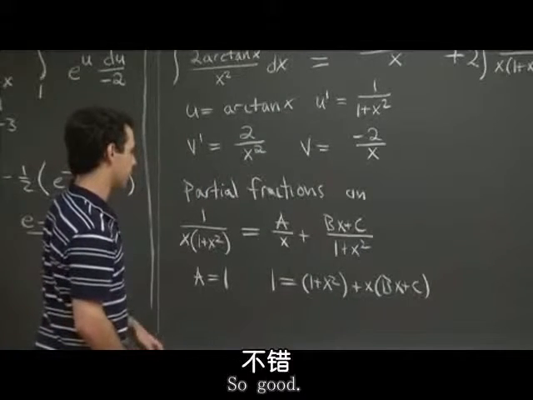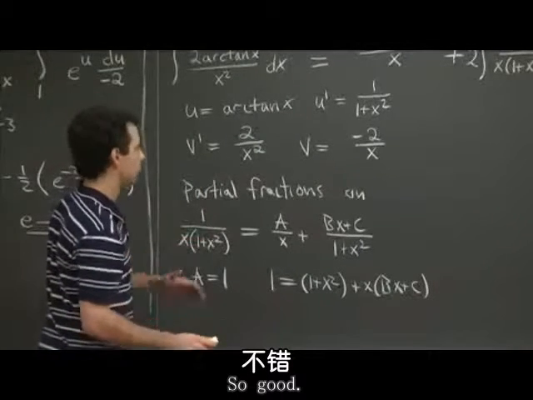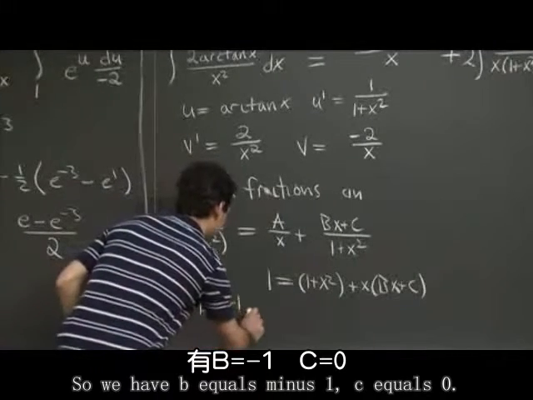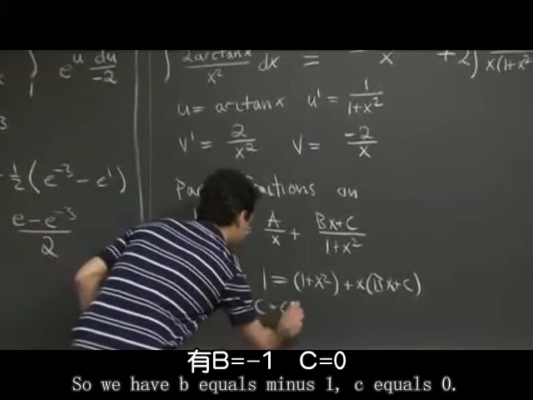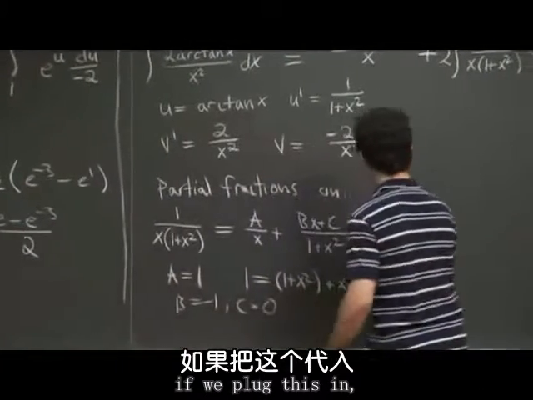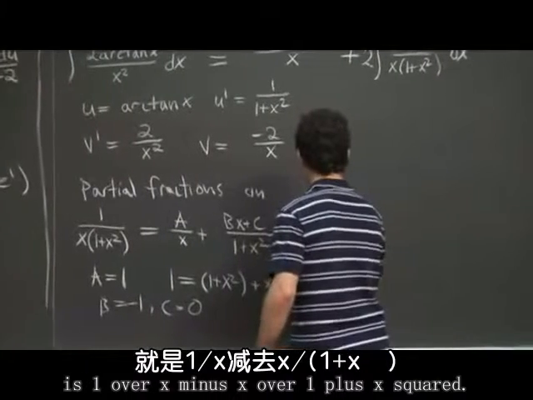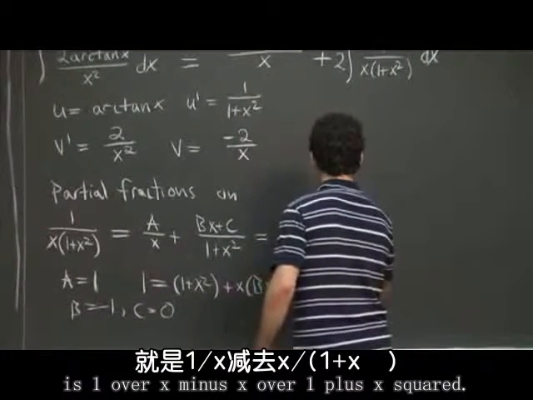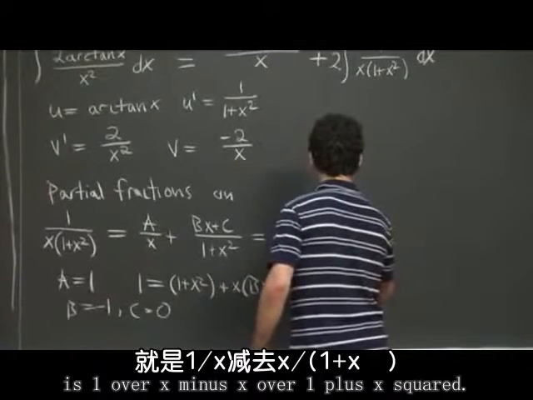So good. We have B equals minus 1, C equals 0. So the partial fraction decomposition, if we plug this in, is 1 over x minus x over 1 plus x squared.